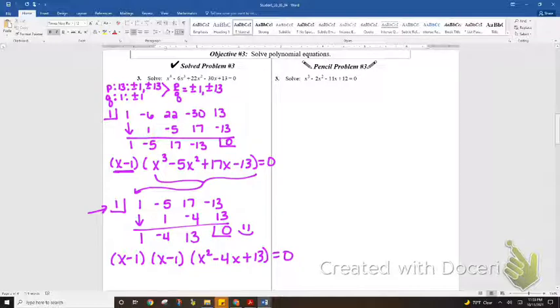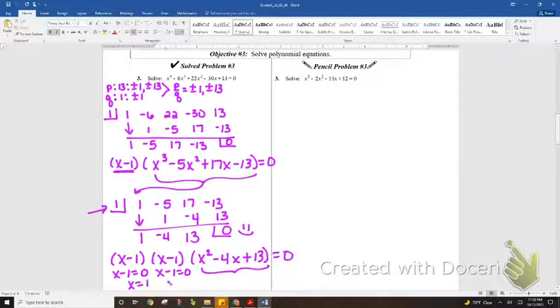Alright, well, I need to see, can I factor this? Nothing multiplies to 13 that adds to 4, but we know that it's quadratic because of the x squared, so therefore we can use our quadratic formula. Alright, so I'm just going to go ahead and solve both of these. So x minus 1 equals 0, x minus 1 equals 0.